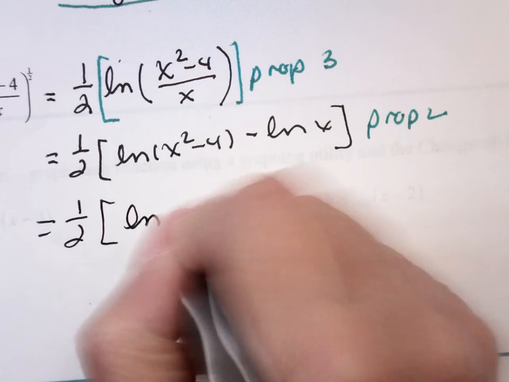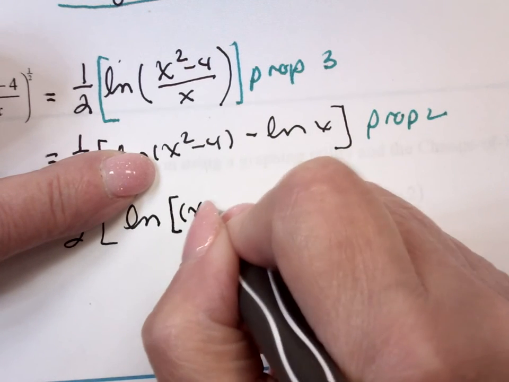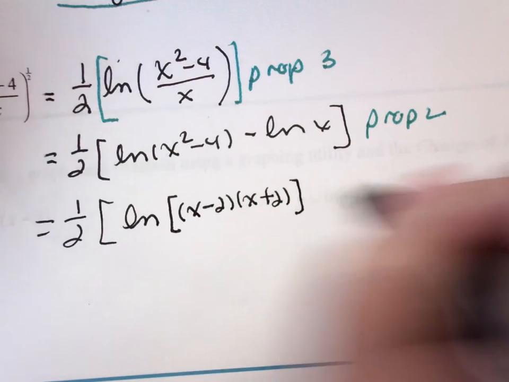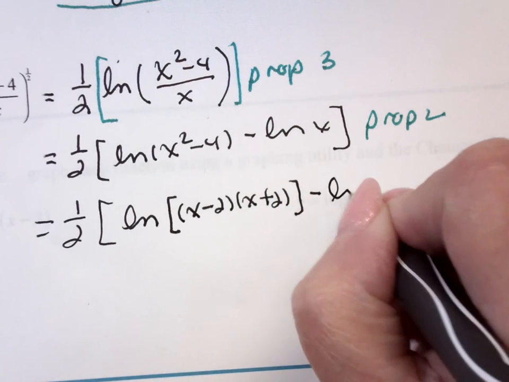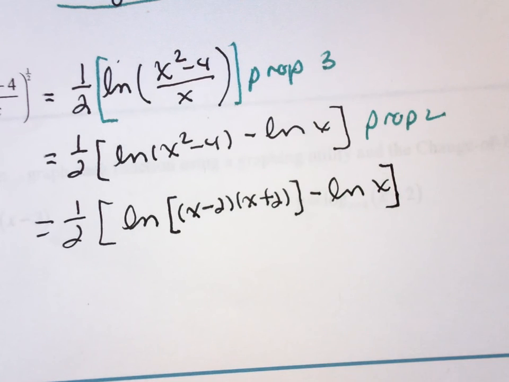The natural log. Now, this guy factors into x minus 2, x plus 2, minus natural log of x. That is just factoring.